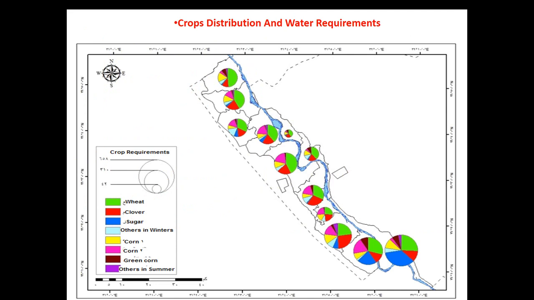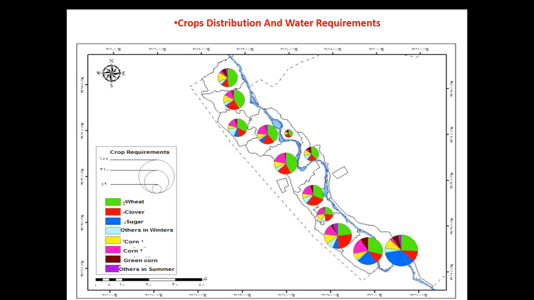From the data in this GIS mapping, we can see the biggest farming area is in the south district and the lowest in the north, but the over-use of water is in the south, not in the north.